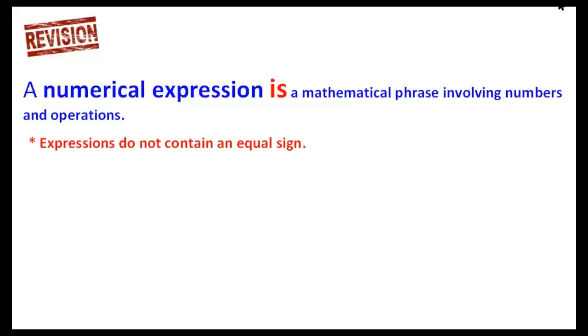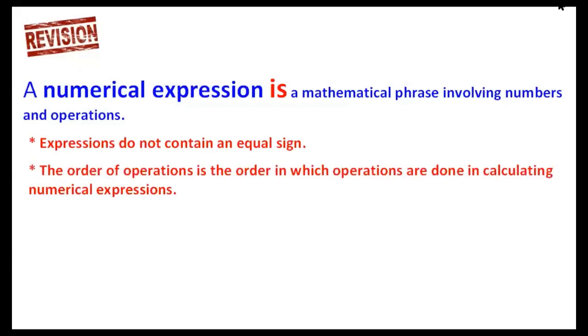You're just making a translation from words and letters into a mathematical sentence, numbers and signs. The order of operations is the order in which operations are done in calculating a numerical expression.